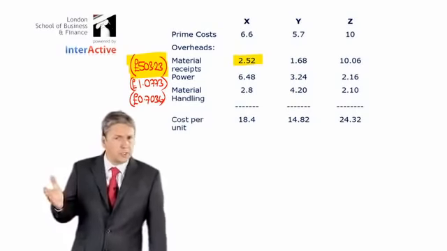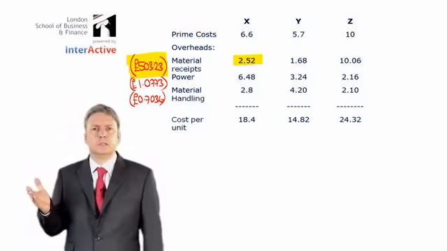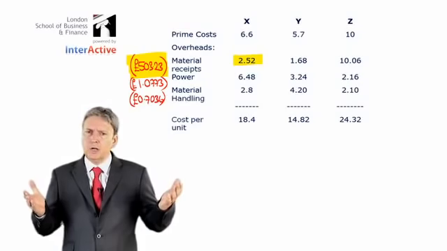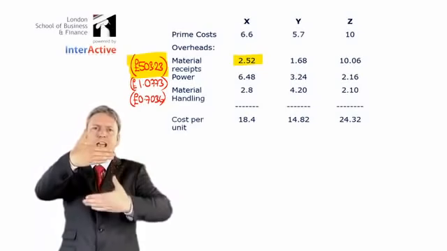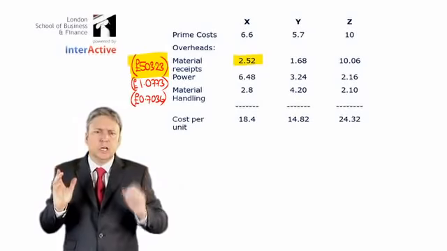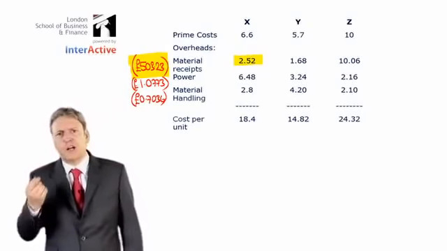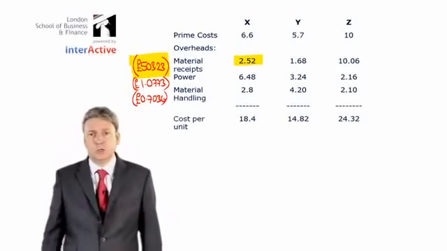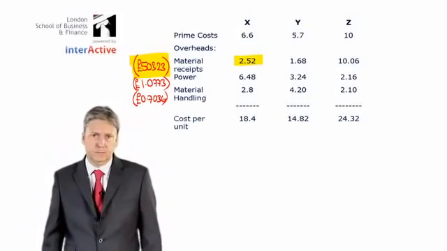Well, there were 2,000 units. And how many batches? 10. So 2,000 divided by 10 is 200 units per batch. If we know that each batch is £500, divide it by 200 and you get your £2.52. Okay?